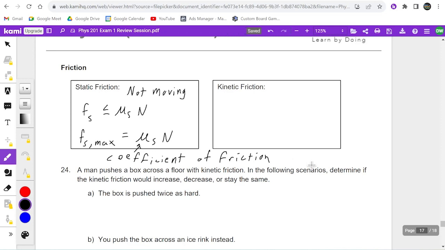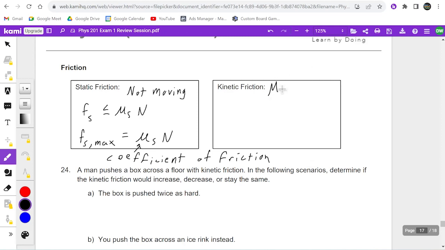A very high coefficient of friction, like 0.9 or 0.8, means it's a very rough surface. A very low coefficient of friction, 0.1 or 0.2, is very slippery. Usually the value is between 0 and 1.